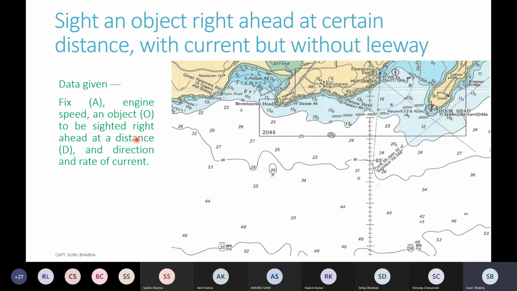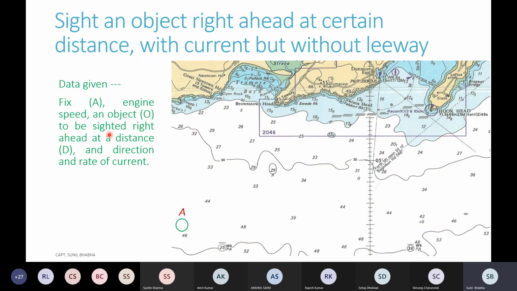At what distance the object should be right ahead is also given, and the direction and rate of the current, set and rate of the current, is also given to us. So this is what all is provided, and what we are required to find out is the course to steer.